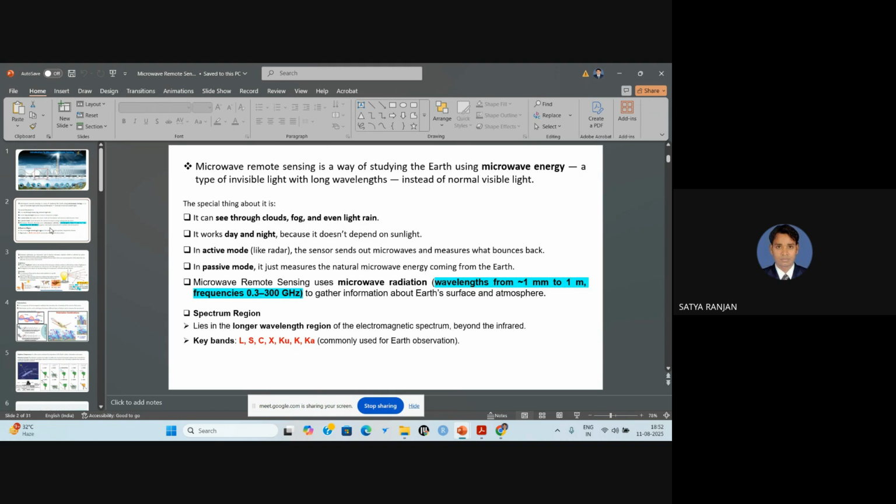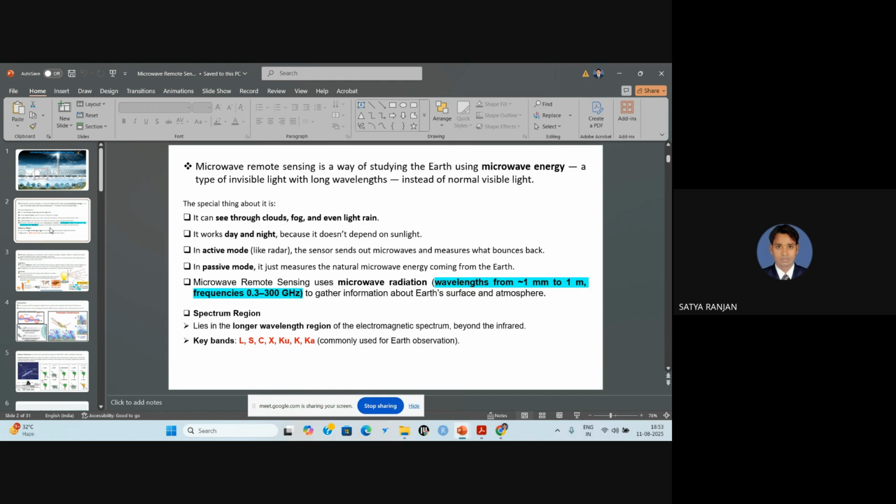In active mode, like radar, that is radio detection and ranging, the sensors send out microwaves and measure what bounces back. The reflected microwave data is detected by the sensor, and based on this reflected data an image is created. This image gives different information about different Earth surface features.